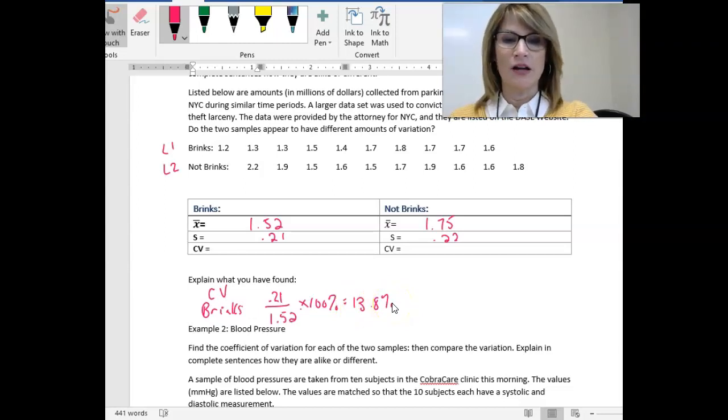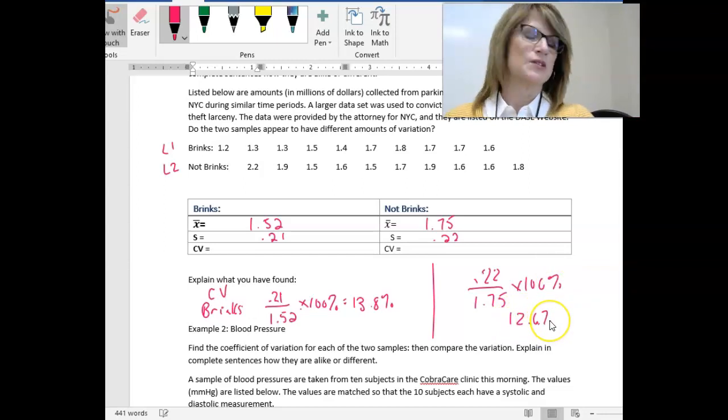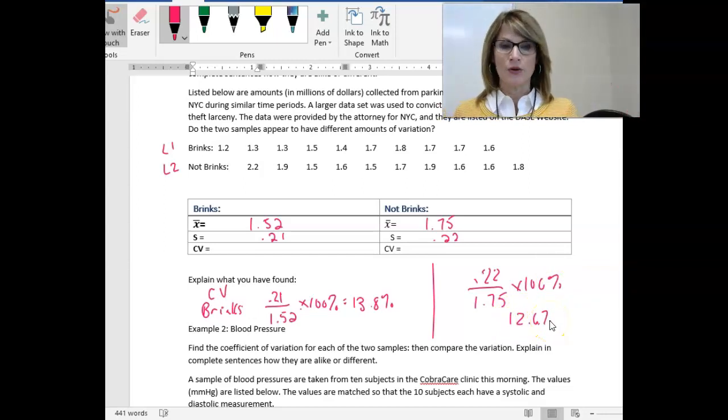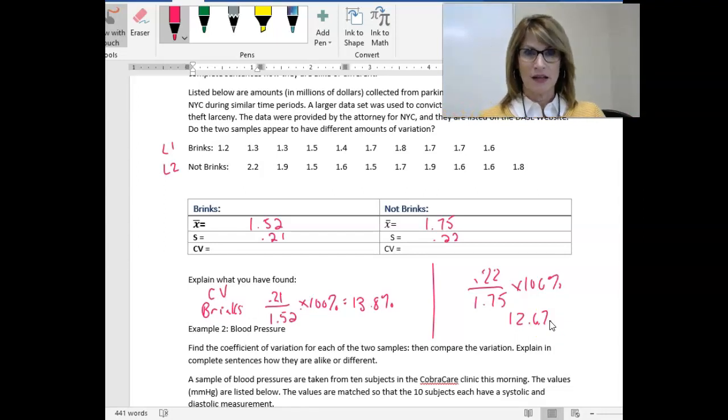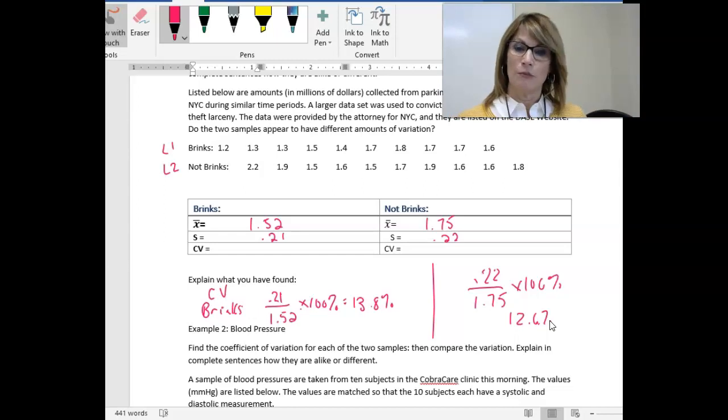And then the not Brinks, 0.22 over 1.75, change that to a percent, and we'll get 12.6%. So in explaining that, I would say the Brinks employees who were collecting parking meters had more variation in their collections than not Brinks. Brinks had more variation than not Brinks.